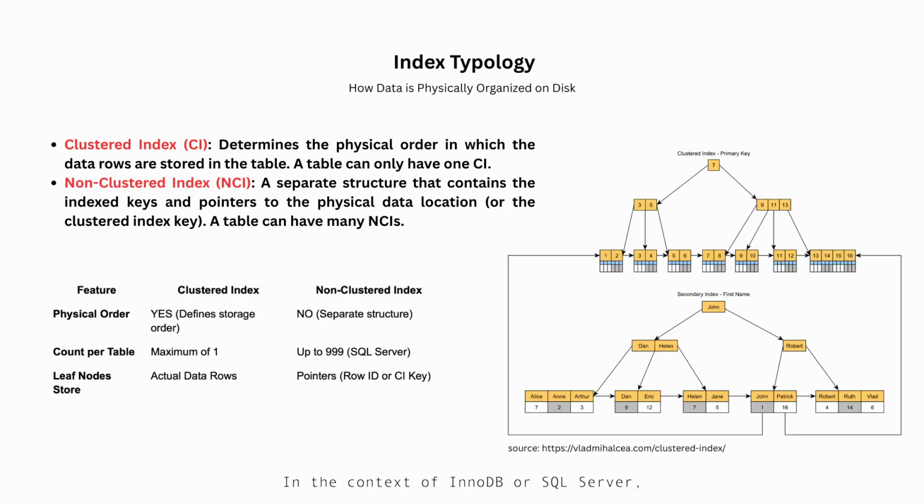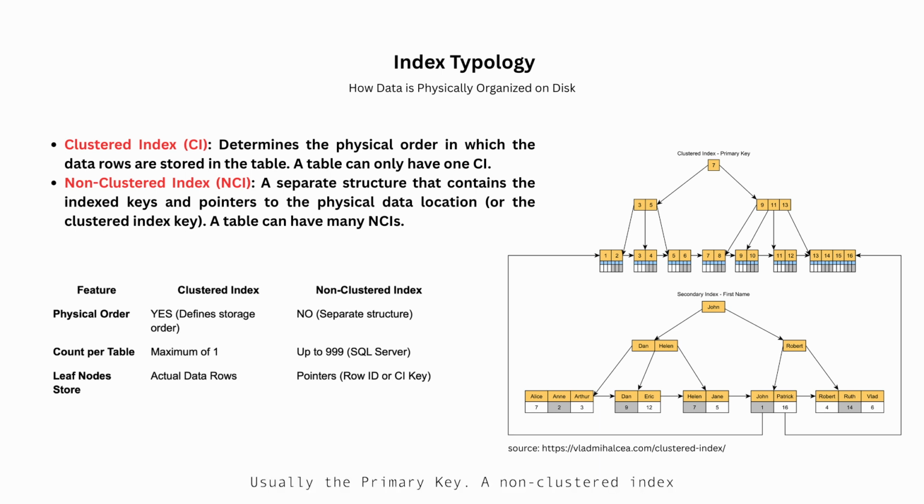In the context of InnoDB or SQL Server, you should understand the difference between clustered and non-clustered indexes. A clustered index isn't just a copy of data, it is the data. It dictates the physical storage order of the rows on the disk. Because you can only sort the physical data one way, you can only have one clustered index per table, usually the primary key.